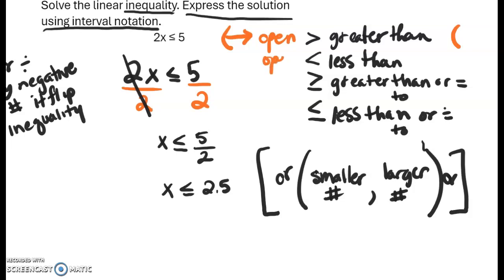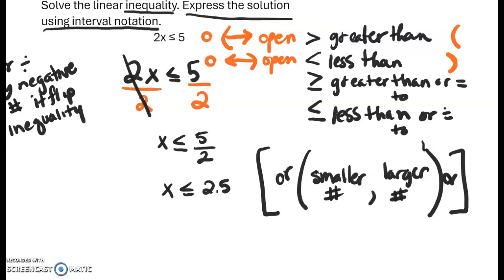The less than symbol, open, does not include the endpoint. So this also would be a parenthesis on my interval notation. On the number line, it would be a parenthesis and an arrow to the left. Also, sometimes instead of a parenthesis and an arrow, you will see an open circle. It depends on the book.